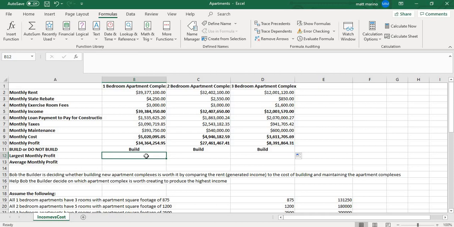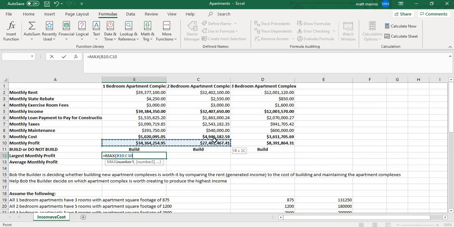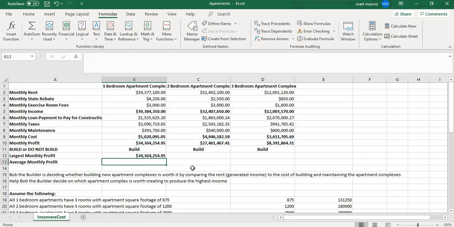Now we need to determine which is the largest monthly profit available to us. That is merely asking us what the max is. So we type in our max formula and we select all 3 profits. We close our max formula, and before entering, check, you should receive the 34 million response, and we do.